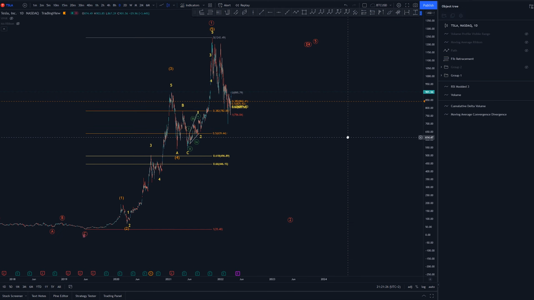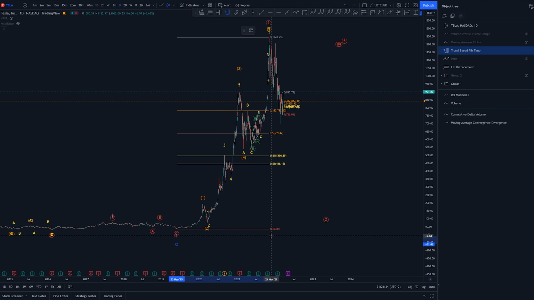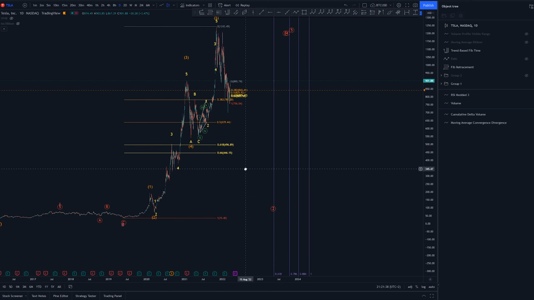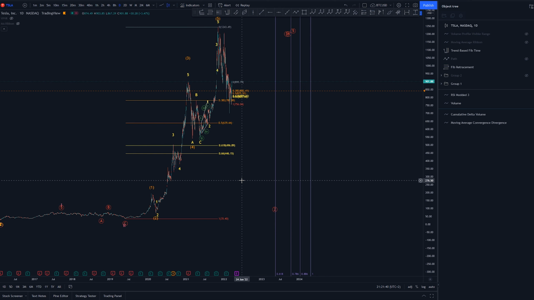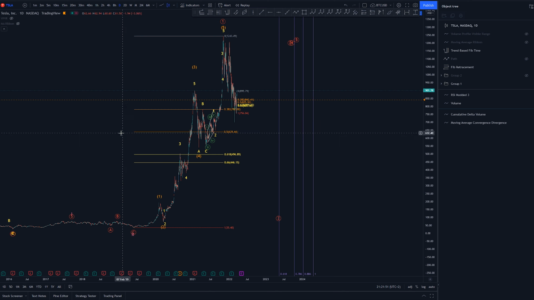Now, how we get there is a different thing. We can start looking with the time. Time is definitely not the strongest on Elliott Wave, but we got some targets at least. Now, we can't compare this primary wave structure onto the previous one because we don't really have the price data back there.